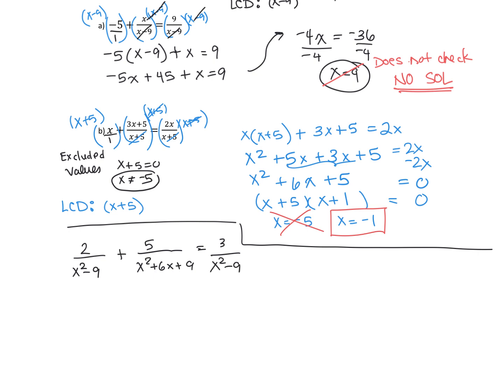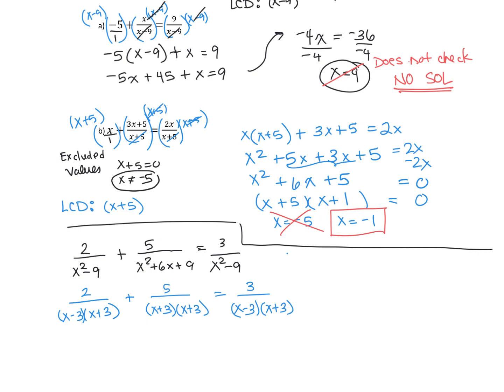So the first thing we would need to do here is factor our denominators. So that would give us 2 over x minus 3, x plus 3. This one is a perfect square trinomial, so it's x plus 3 times x plus 3, and then again a difference of squares, x minus 3, x plus 3.